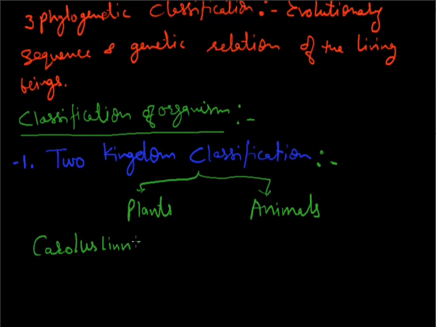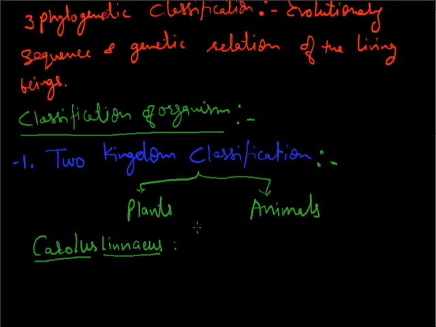Basically, his original name was Carl von Linné, but after nomenclature, he changed his name to Carolus Linnaeus, which is made up of only two words. One is Carolus, another is Linnaeus. He is known as the father of taxonomy.